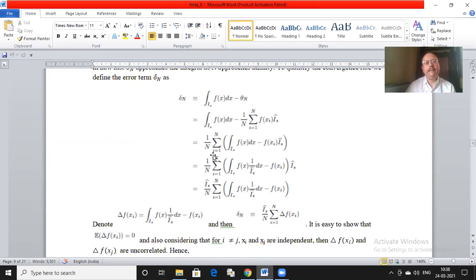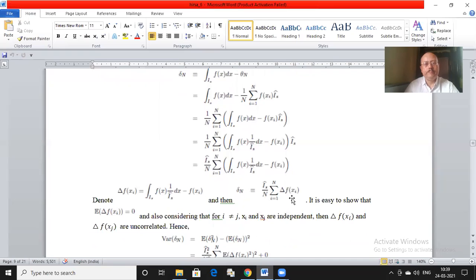I now write delta N as an arithmetic mean of individual errors, so that I can do a simple multiplication and division on the volume I^s, take it outside, so that inside what I have is a weighted part of the integral minus f(xi).